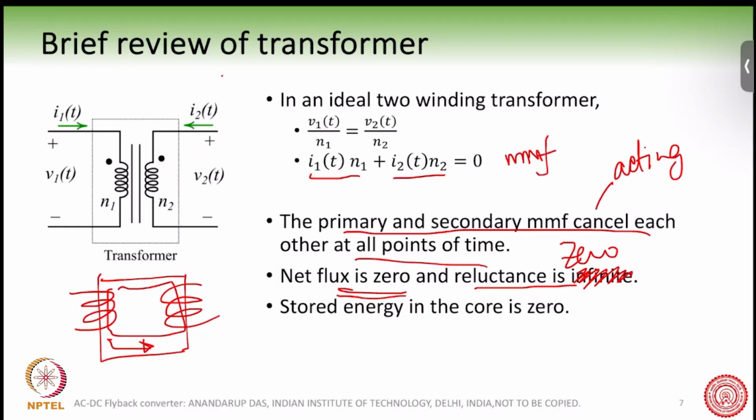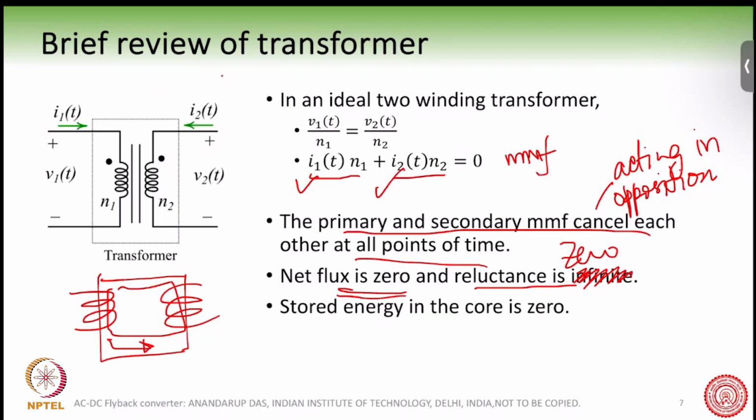Why I am stressing this thing is that in a flyback transformer, this will not happen. So one must understand the difference. In a conventional transformer, the primary and secondary currents are flowing at the same time. Okay, I1 is flowing and I2 is also flowing at the same time, and therefore their MMFs will try to cancel each other.